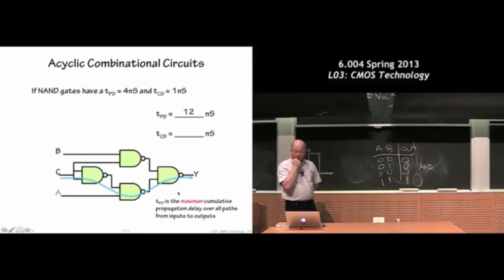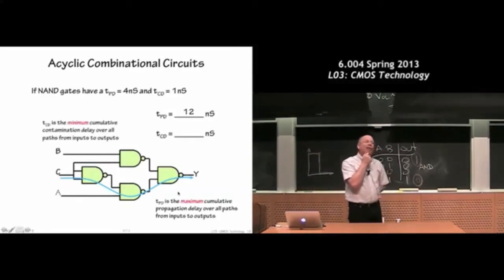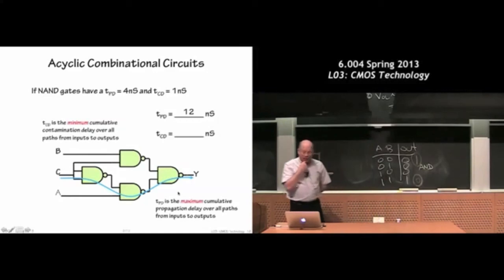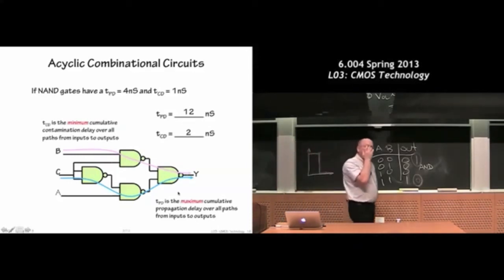Well, TCD is the minimum path, so I'm going to look for the shortest possible path and sum the TCDs. And if I do that, the shortest possible path is just 2 gates, so I get a TCD of 2 nanoseconds. Okay, I'm going to stop there.